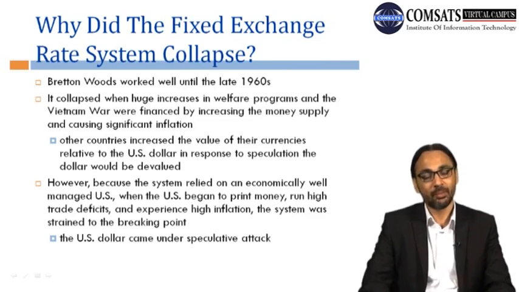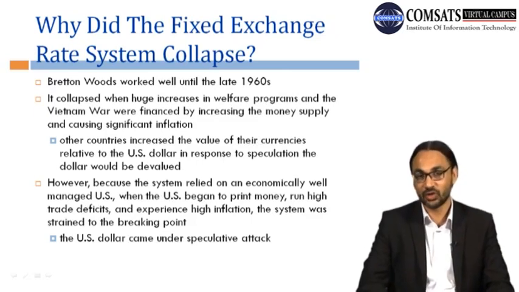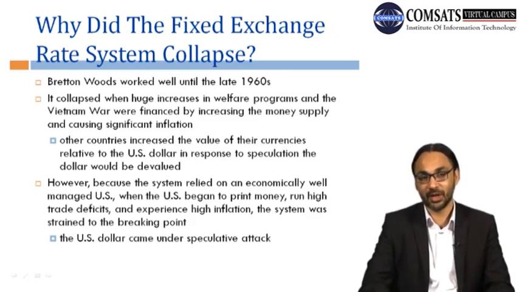The main important thing was to finance their war expenses and to provide welfare benefits to their residents. President Johnson just ordered to print the money and meet those expenses rather than generate that capital from tax revenue.